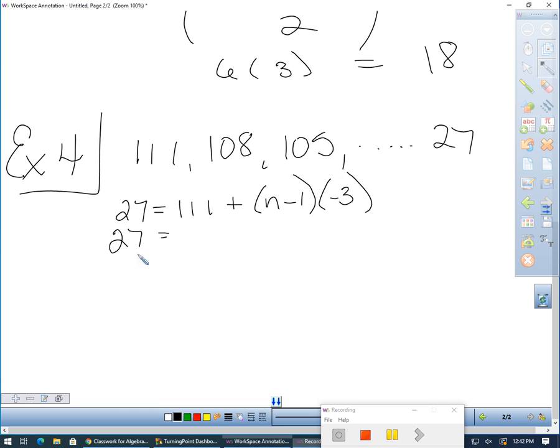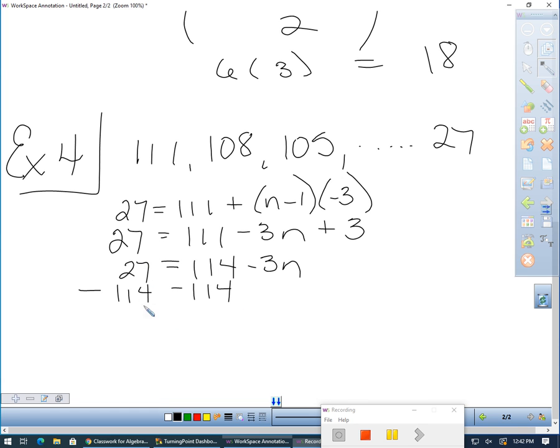All right, so here we have 27 equals 111 minus 3n plus 3. Combining like terms together, we get 114 minus 3n. Then I'm going to subtract 114 from this side. Negative 90 equals negative 3n, so n equals 30. So Tyler was close. We know our n is 30. Now we're going to put it into that formula I gave you.